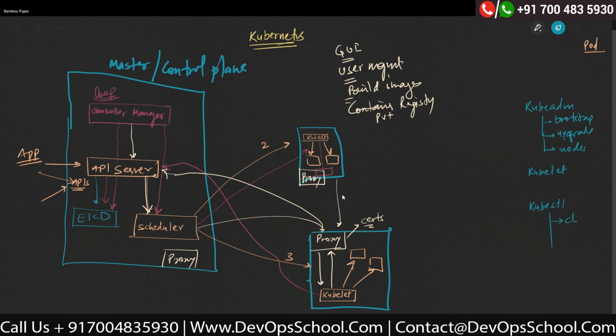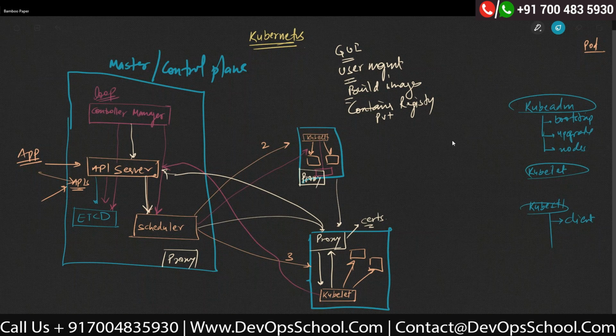So it's a client for your Kubernetes cluster. From wherever you want to access the cluster via command line, you have to have kubectl. Okay, so what I'm going to do now is install all these 3 tools on all the machines.